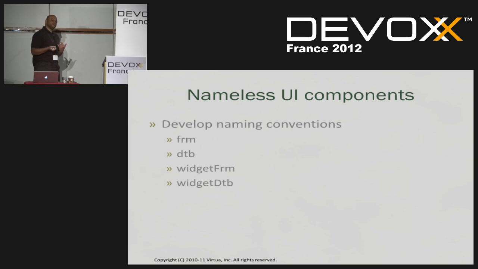Now imagine that you have a form called my form, and then a data table called my big long data table, and then an input control called name input. That's a pretty long string just for one field, because it's going to be all three of those things. And then let's say you repeat that for 5 controls in each row, and you have 50 rows. All of a sudden you have a whole lot of weight in the page that's just the ID. So try and keep them short.